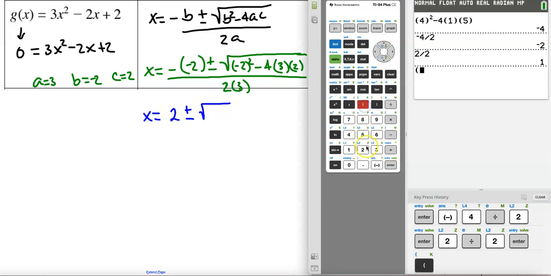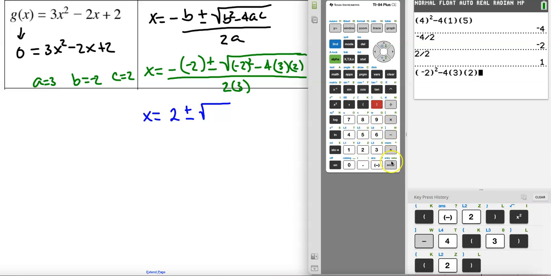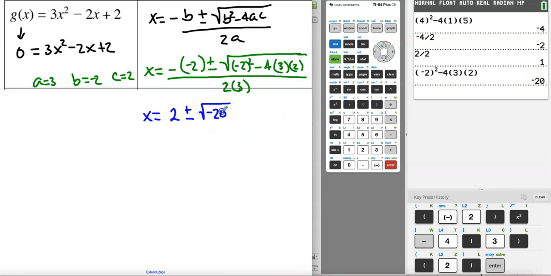put all this stuff in your calculator. So open parentheses, negative 2 to the second power minus 4, open parentheses 3, and then 2, and then I get negative 20. So negative 20 goes in here. So automatically I know that this is also going to be an imaginary number as well. And on the bottom I get 6.